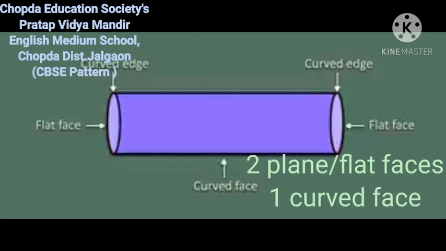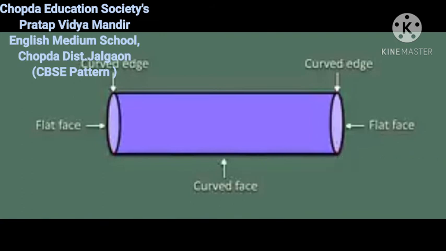You always remember a cylinder has 3 faces, and there are 2 plain or flat faces and 1 curved face. And how many edges does it have? There are 2 edges, both curved edges.